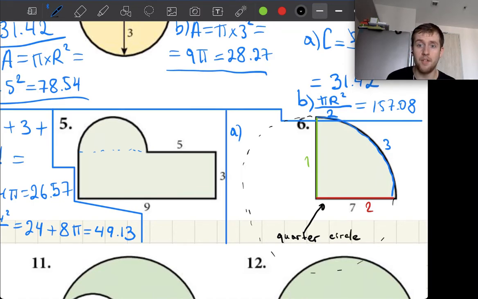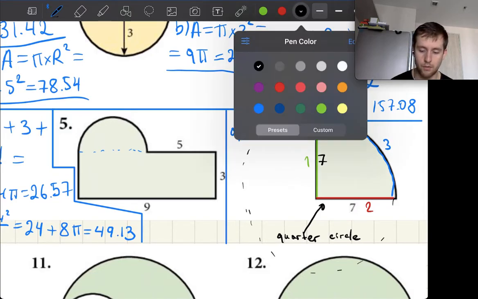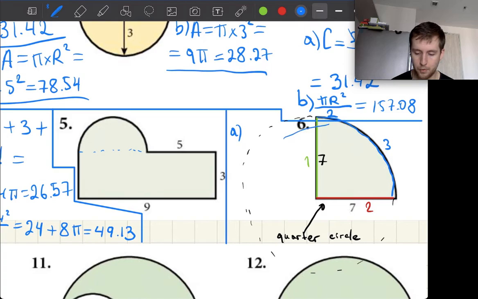But remember, this is still the radius. This is the radius of this quarter circle, and this is also the radius. So this is also equal to 7 centimeters. And this side, the blue side, is going to be equal to a circumference. So the formula for circumference is 2 pi r divided by 4.